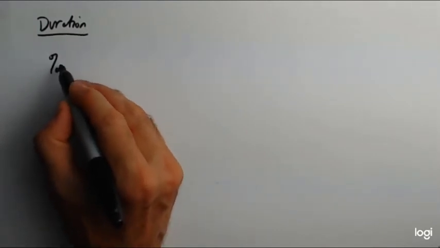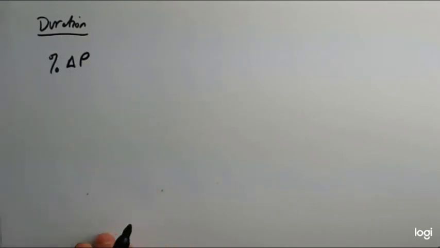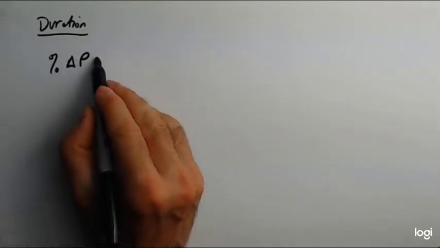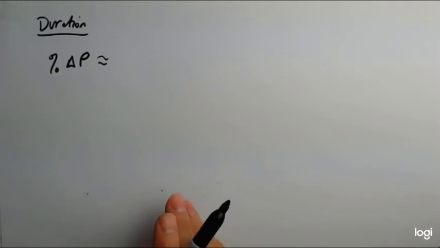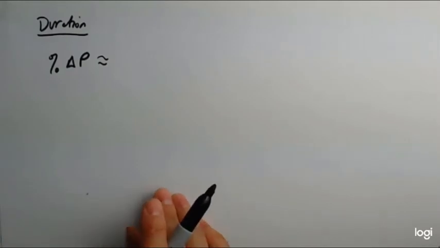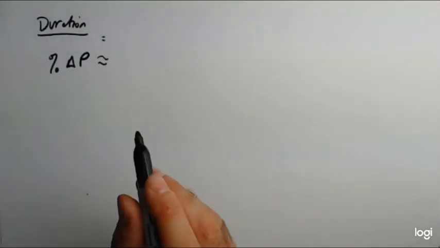So what is duration analysis? Well, it boils down to this. A percentage change in a bond's price, that's what that says, is approximately equal. And I'll talk about why it's approximately equal instead of a pure equal sign there.